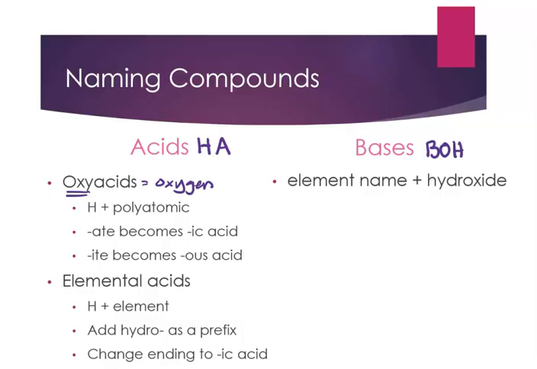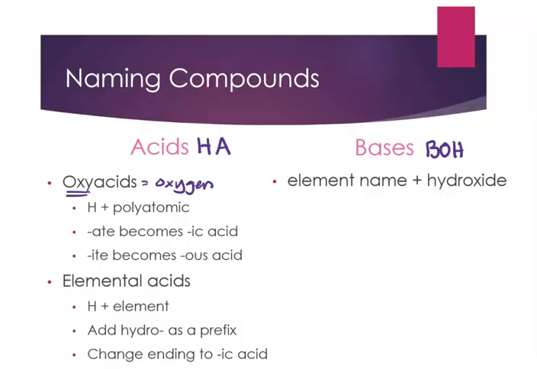So anything that does not have an oxygen with it gets a hydro in the front, and the ending is going to be IC acid. So the polyatomic ATE is IC acid and the elemental acid is IC acid, but the difference is that the elemental acid has a hydro before the name of the element.